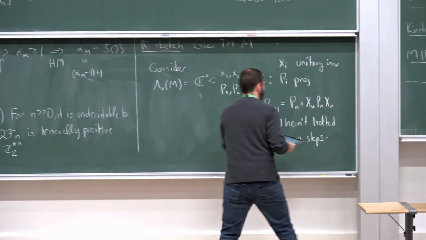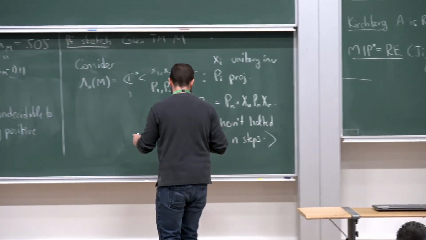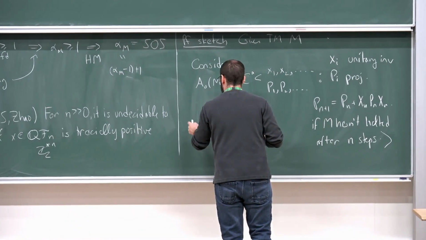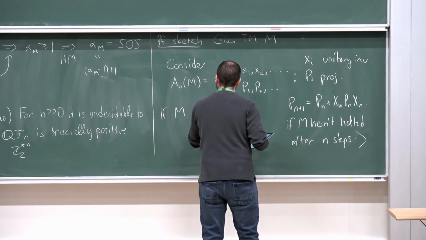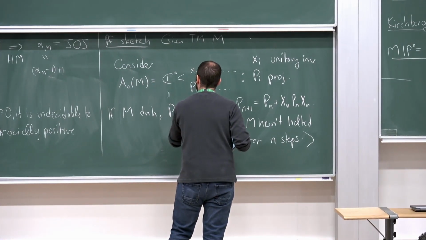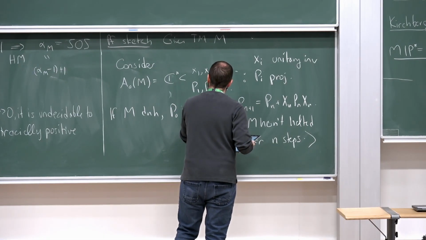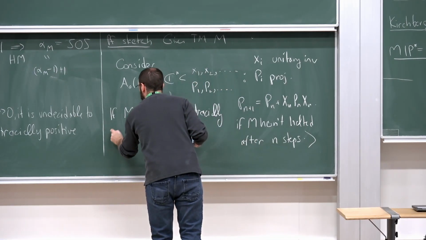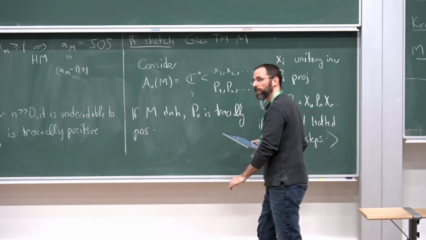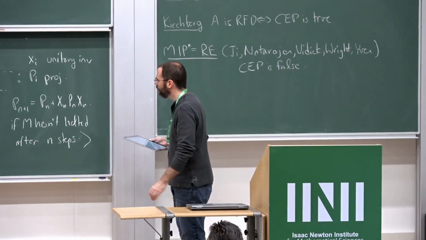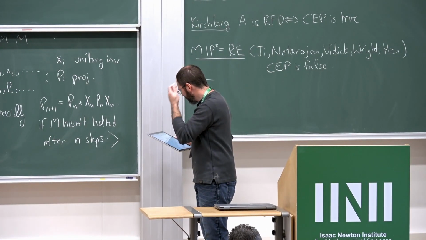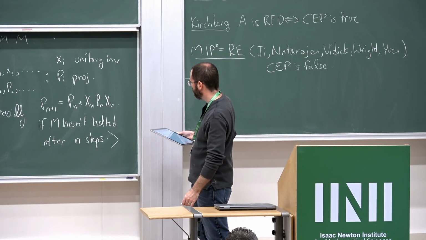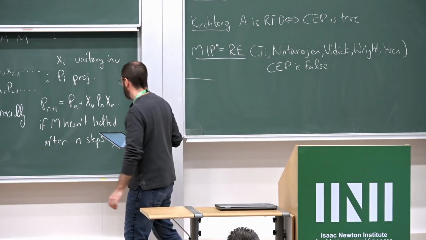So notice right away two properties. If M does not halt, P0 is tracially positive. That's kind of the point, what we should get out of this. Why is that?